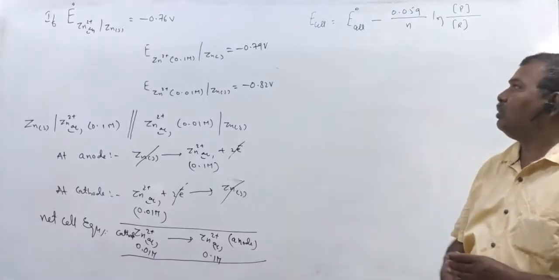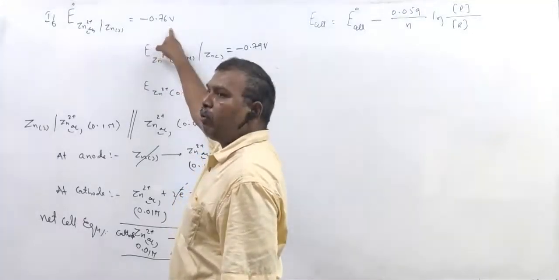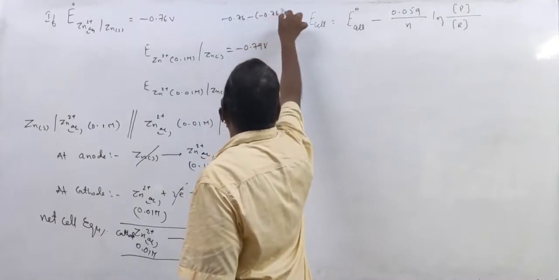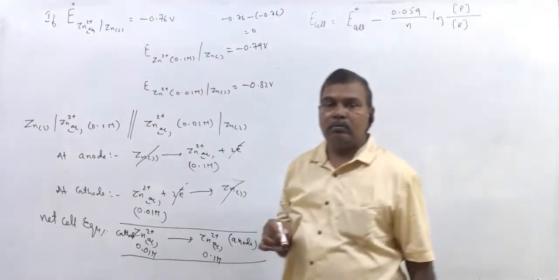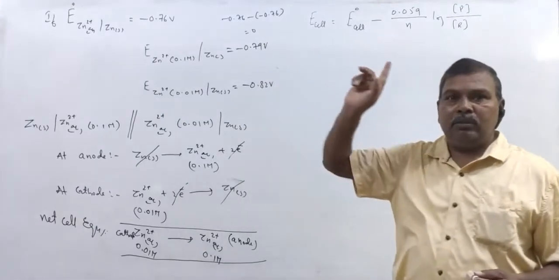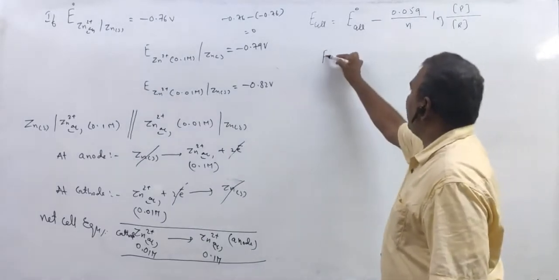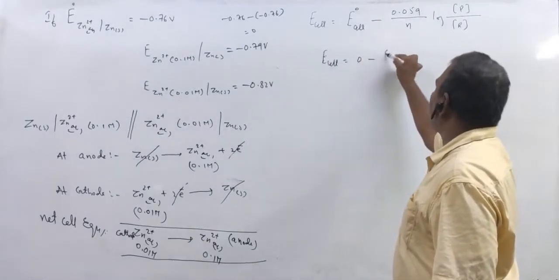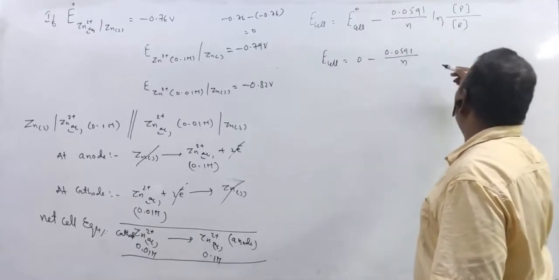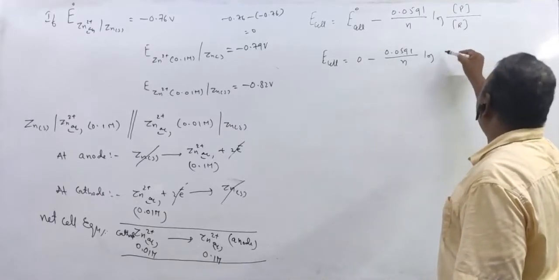Again zinc electrode. So at cathode and anode the electrodes are the same. So what would be the E naught of the cell? Minus 0.76 minus of minus 0.76, it is equal to 0. Remember, if electrodes are the same, the standard EMF of the cell is 0. See, E cell is equal to 0 minus 0.0591 by n log of Zn2+ ion concentration at anode.